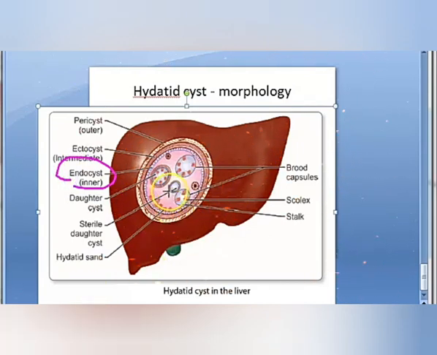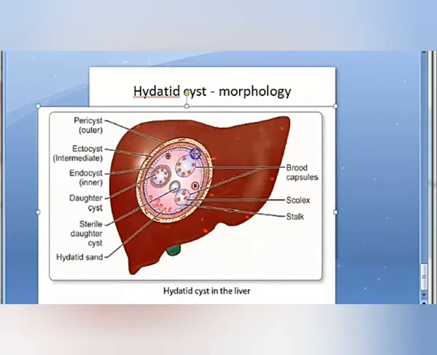Then hydatid fluid is a clear colorless or pale yellow fluid. It's acidic. Inside this you will have the hydatid sand, which is a granular deposit. It consists of free brood capsules. Now what are brood capsules?